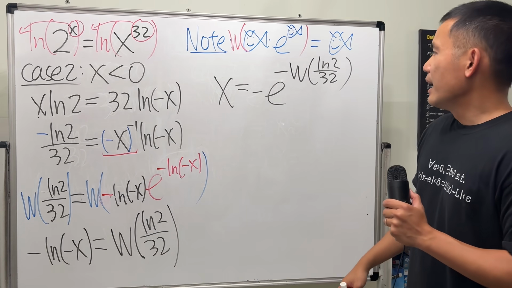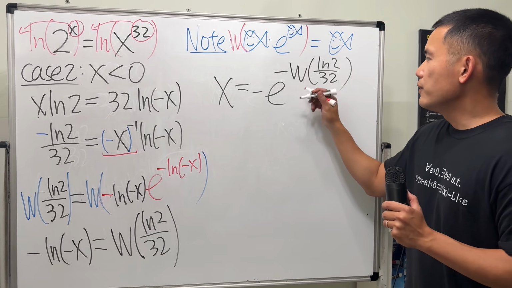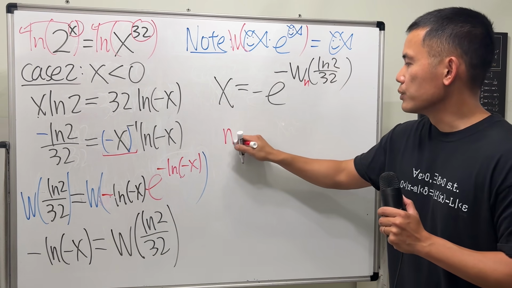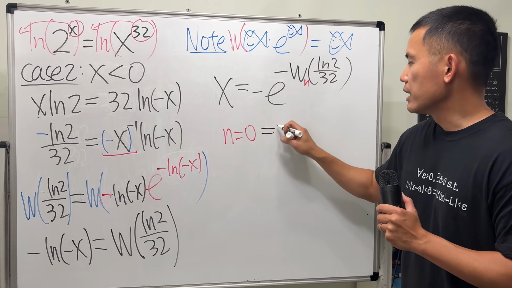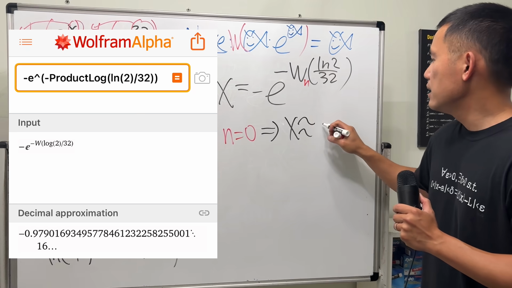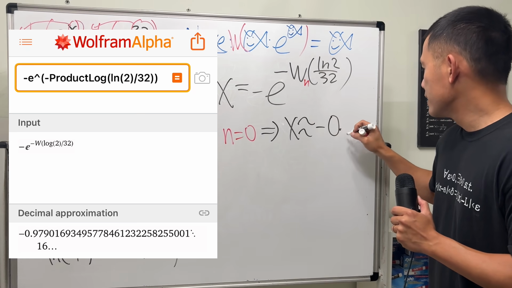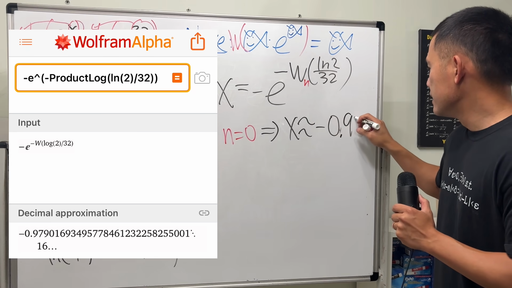And now you can just use the default branch, which is when n is equal to 0, and you can get x is approximately negative 0.979.